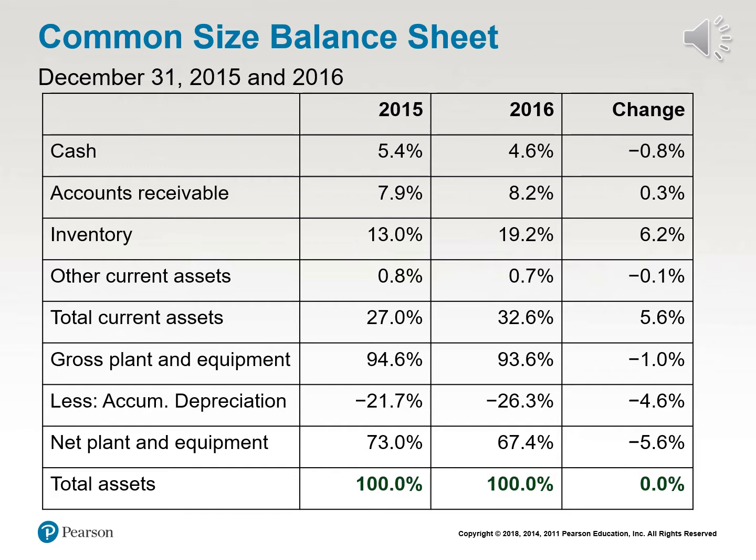So you can see that in 2016, 4.6% of assets is in our cash. This helps us to compare one year to the next. Here we have 2 years compared, and we can see the change where it has grown and where it has decreased.